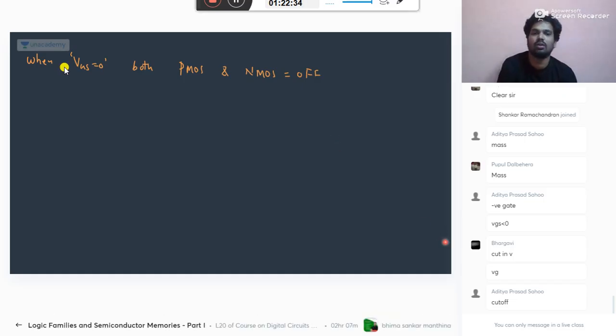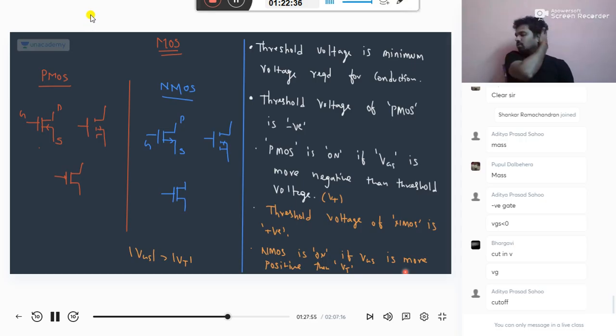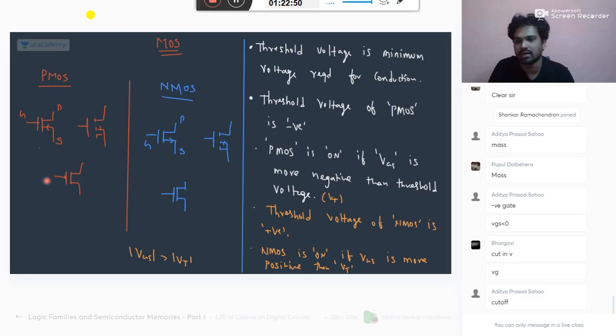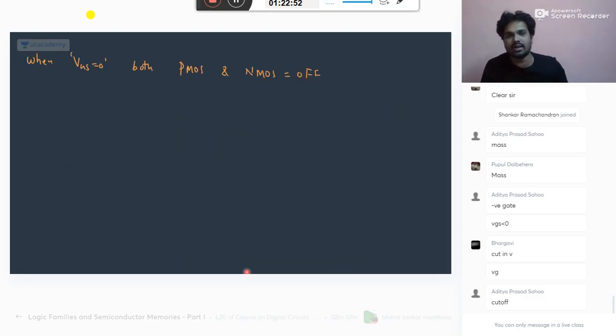Very good, Aditya. So when it is more negative, PMOS will be on. When it is more positive, NMOS will be on. Why is this bubble shown? One way you can say negative. Another way, we discuss it now: for 0 it will be on, for 1 it will be off. Like that, logic also we can take. Now let's understand a few more important points here.